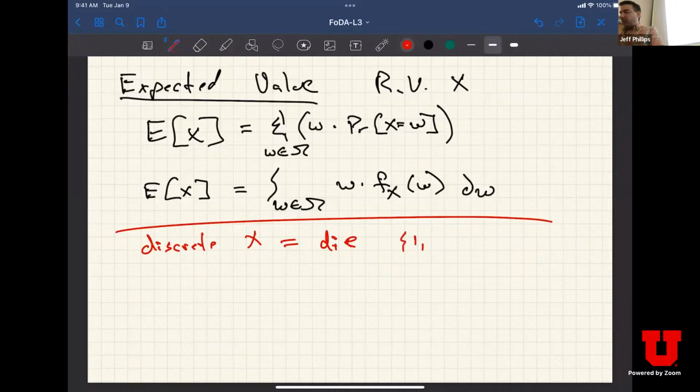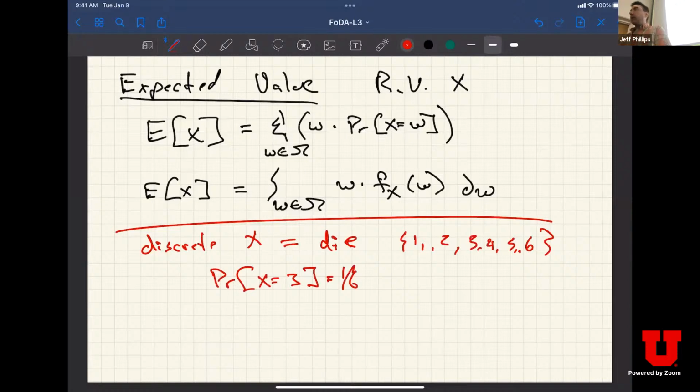So the outcome is 1, 2, 3, 4, 5, 6, right? And let's say they're all equally likely. The probability that X equals 3, or any of the other values, will be exactly 1/6. So then I want the expected value of the die. What's the expected value of X here?